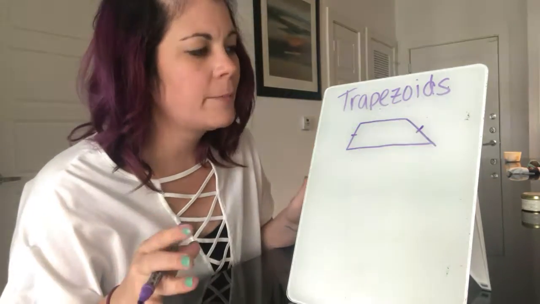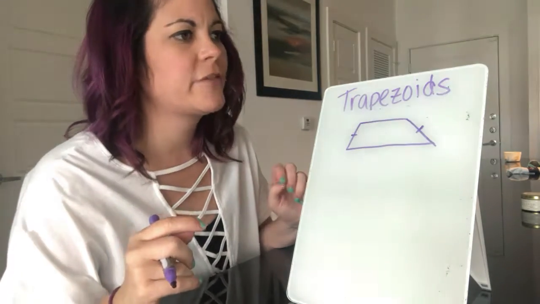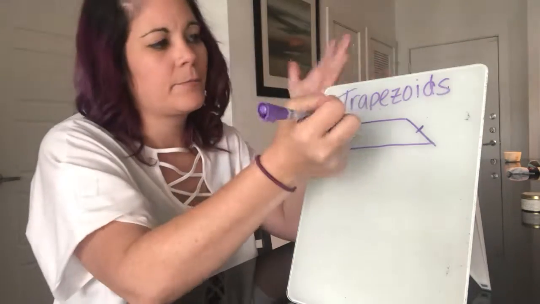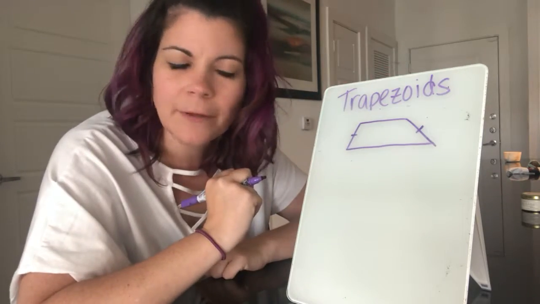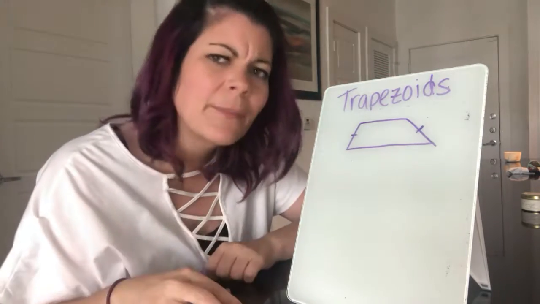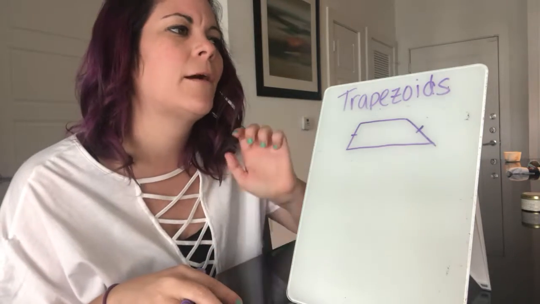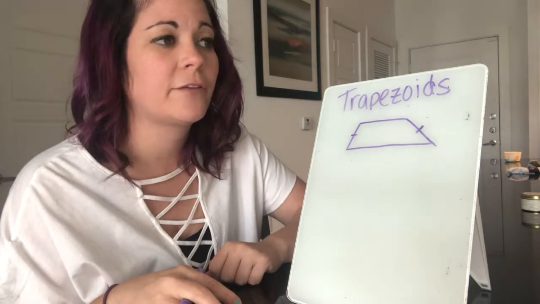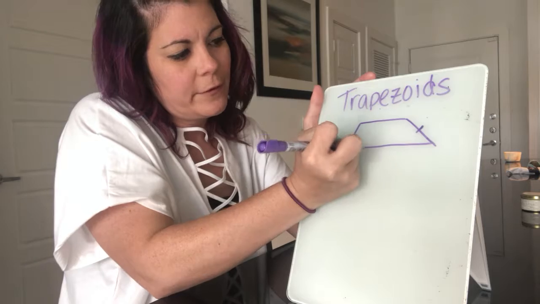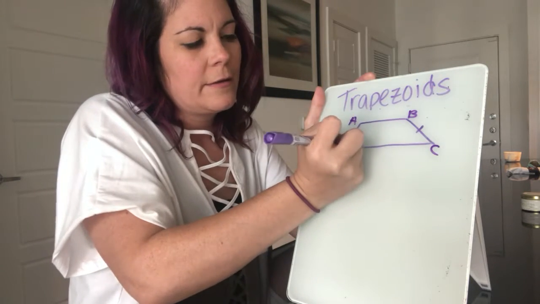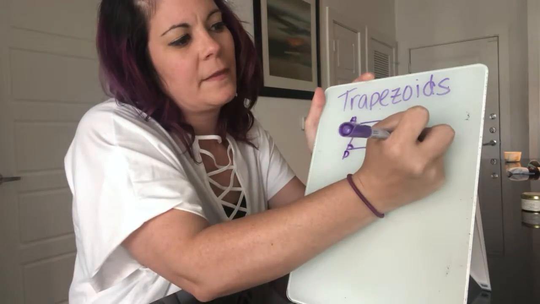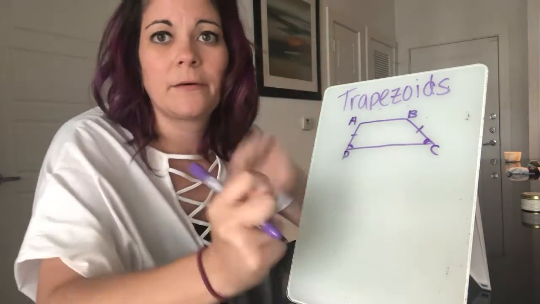And then the properties of an isosceles trapezoid: both pairs of base angles of an isosceles trapezoid are congruent. So if I were to label it ABCD, that would mean this angle and this angle are congruent. Those are the base angles.